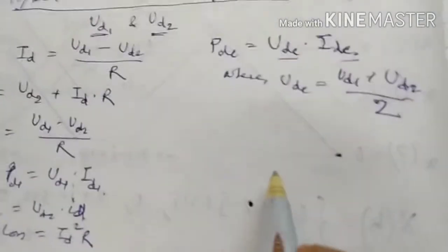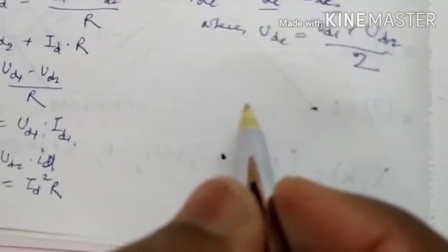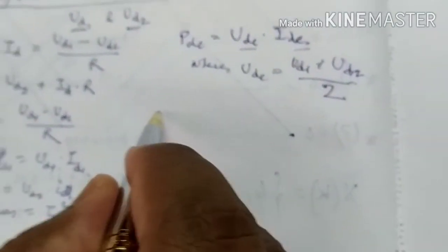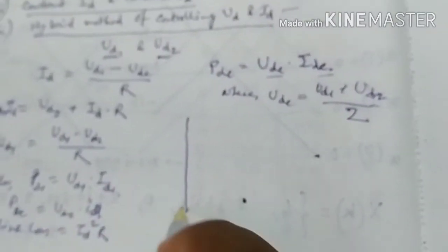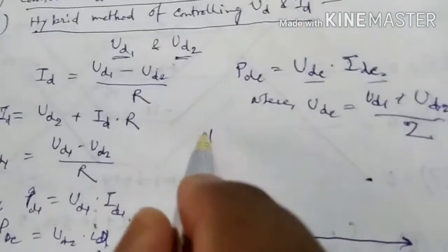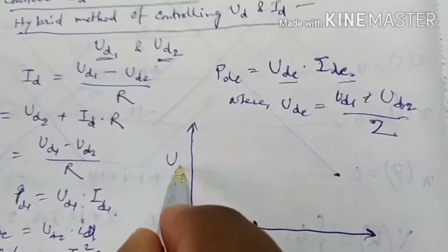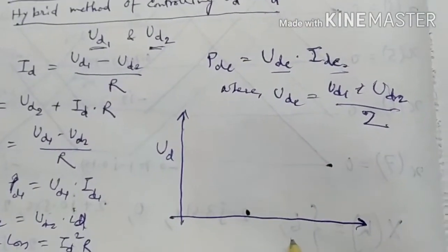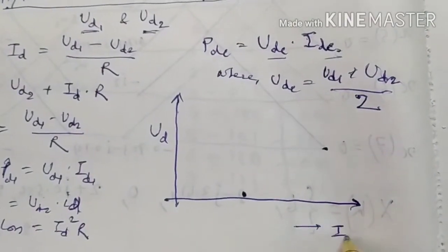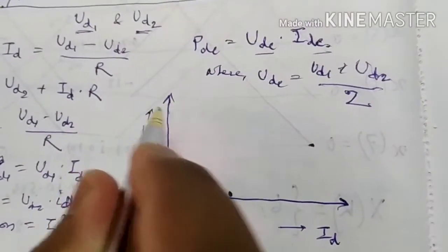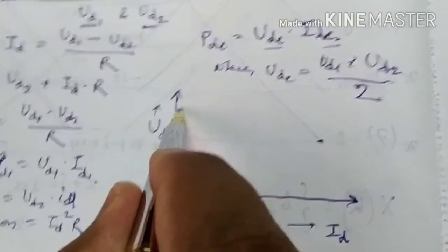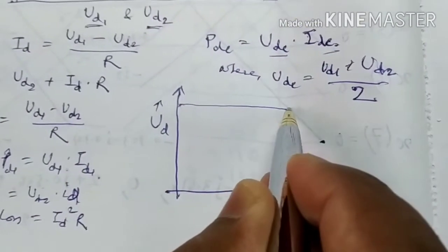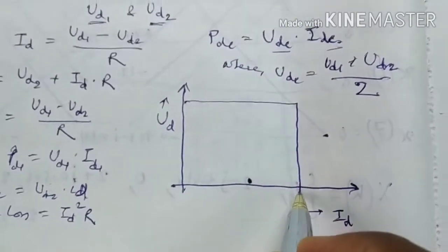So the intersecting characteristics of rectifier, say 1, and inverter, say 2, under normal mode will be like this: UD versus ID. The characteristics are like this.